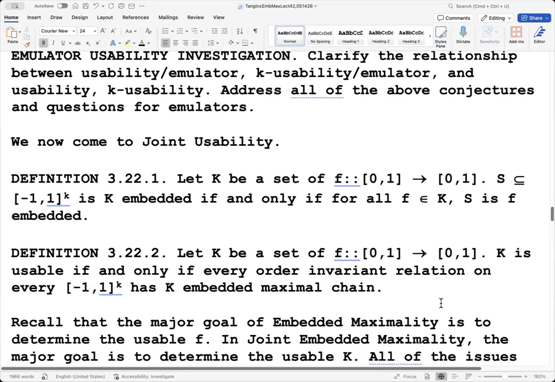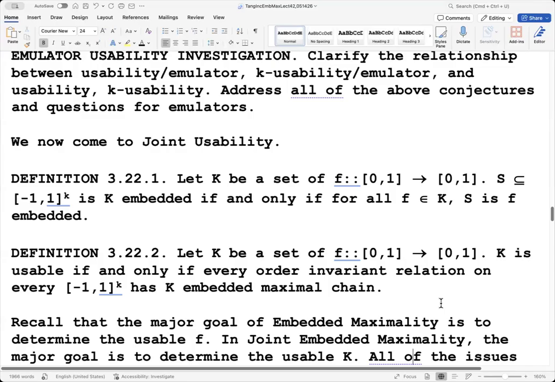All right, for joint usability, this is a topic I didn't want to put in the book where I had to put proofs in, but I put it here and talk about an obvious proof without giving it. Let K be a set of functions of the kind we're considering, and let S be a subset of minus 1, 1 to the K. We say that S is K embedded if and only if for every function F in K, S is F embedded.